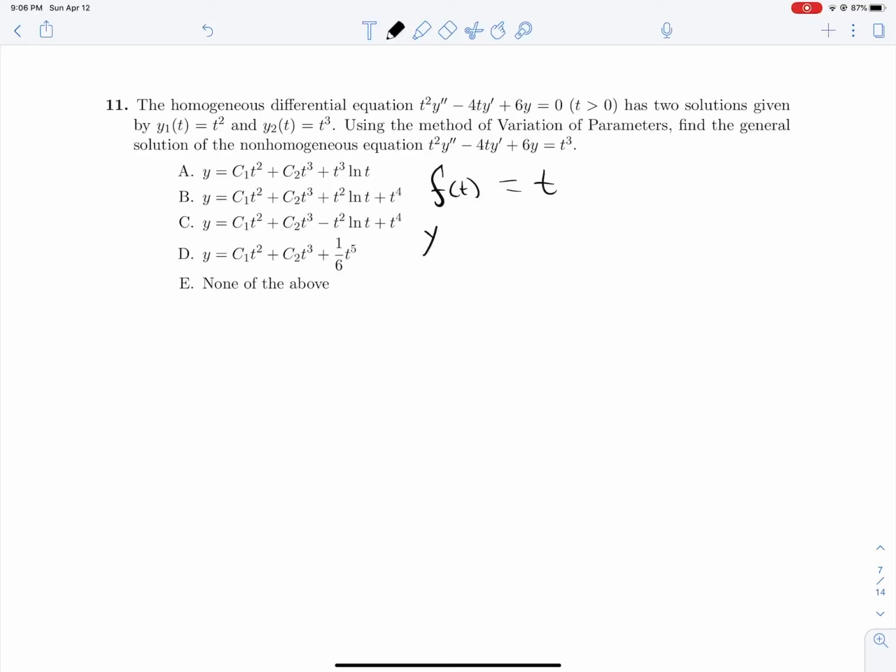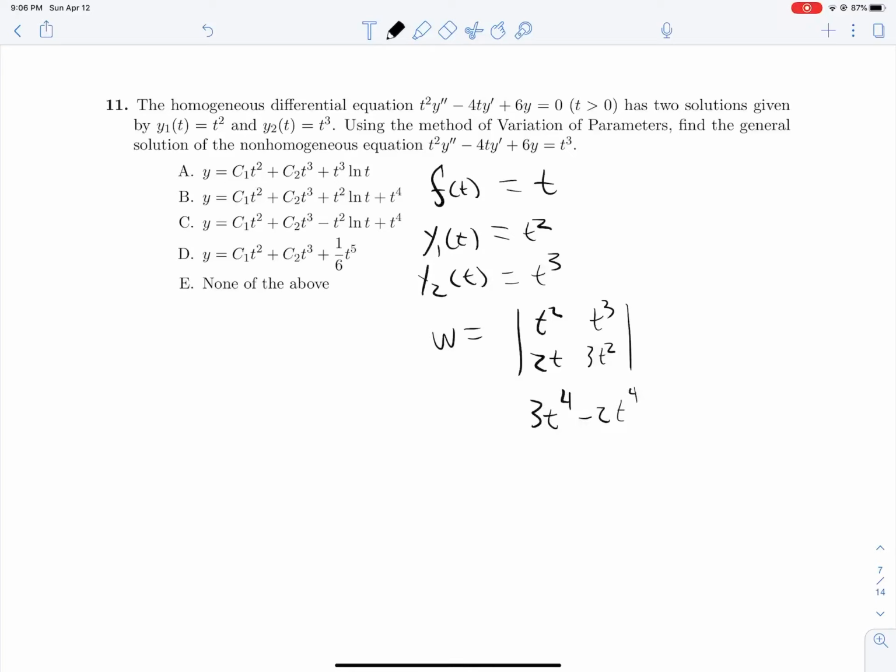We know that y1 of t is t squared, and that y2 of t is t cubed. And we're also going to need the Wronskian of these two solutions, which is the determinant of t squared, 2t, t cubed, 3t squared. That will be 3t to the fourth minus 2t to the fourth, or just t to the fourth.